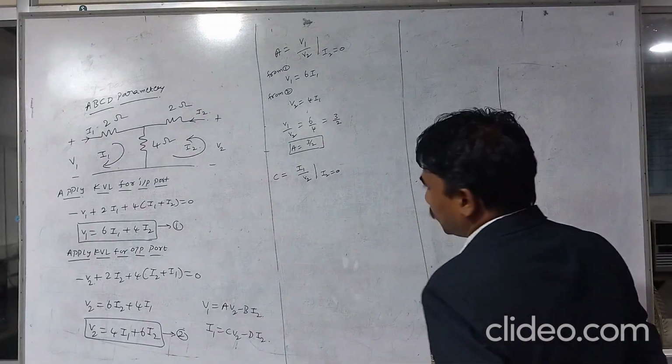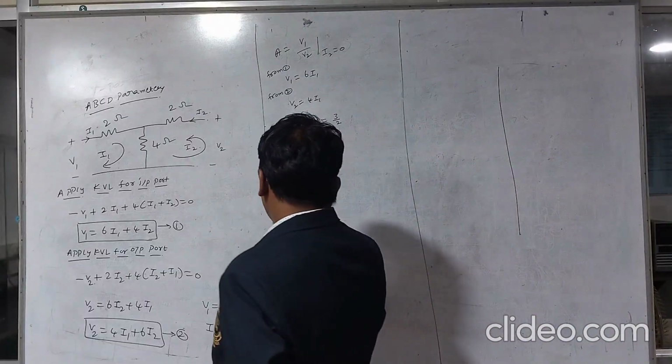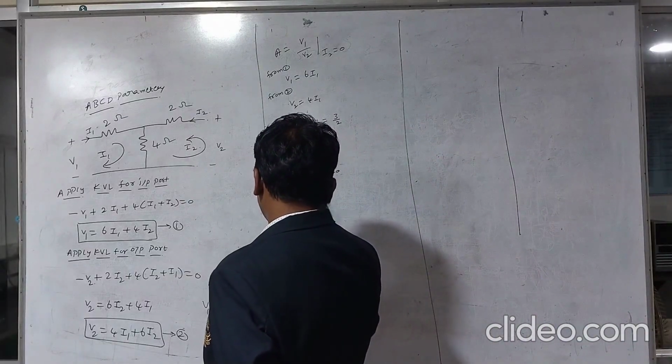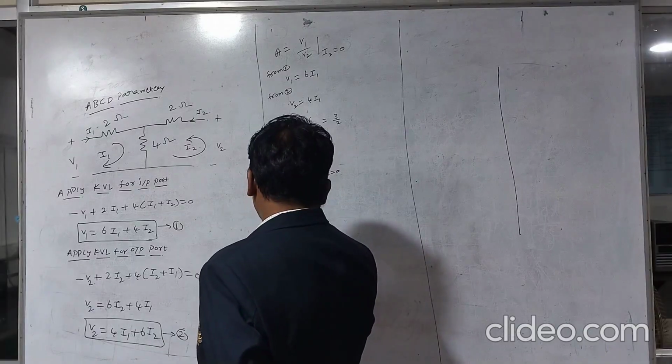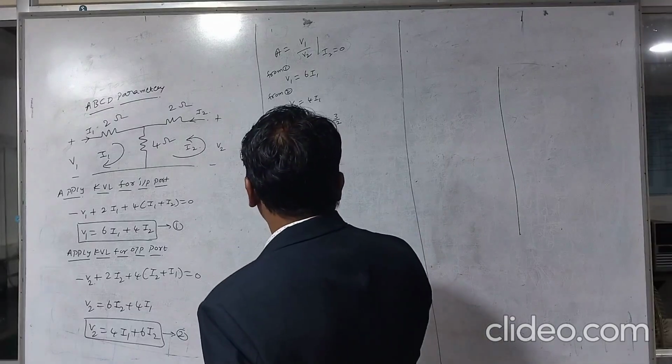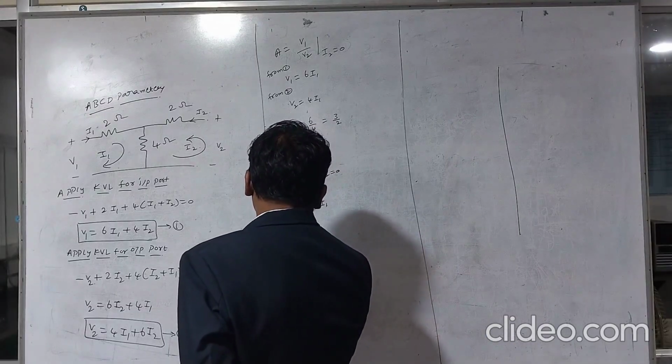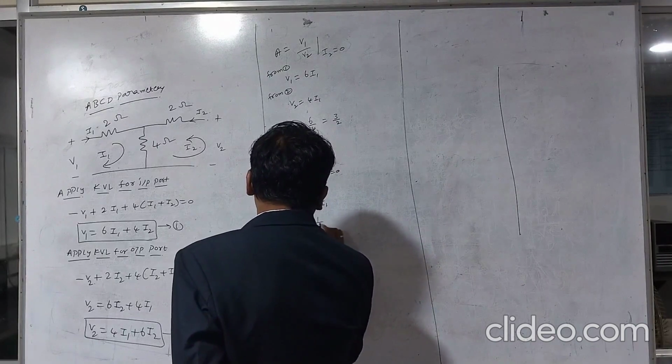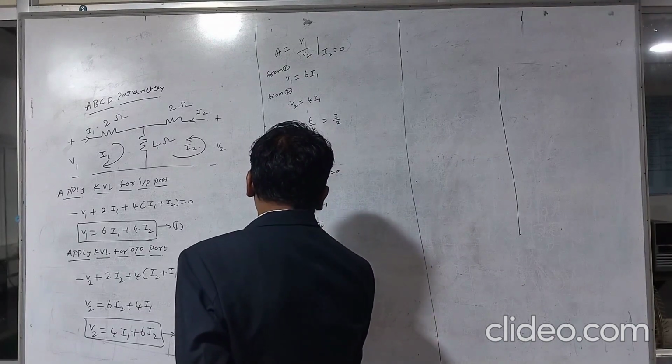So from the second one, V2 equal to 4 into I1. We require I1 by V2, so C equals 1 by 4.